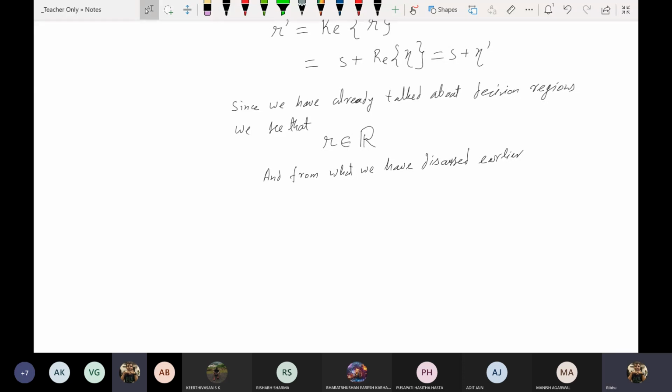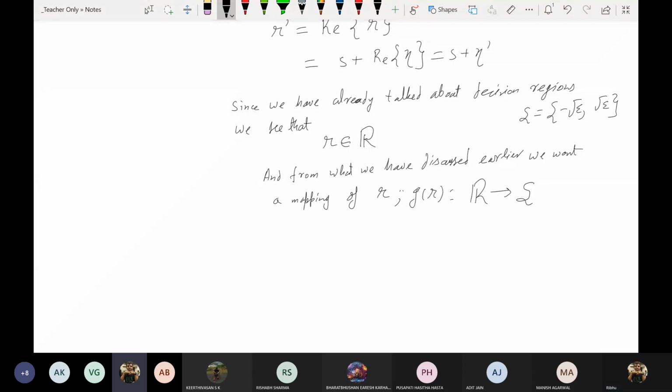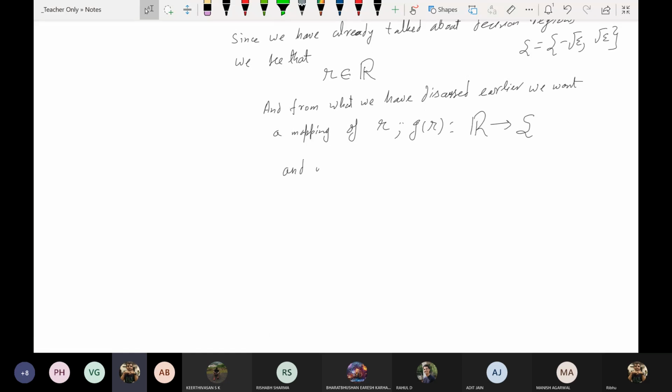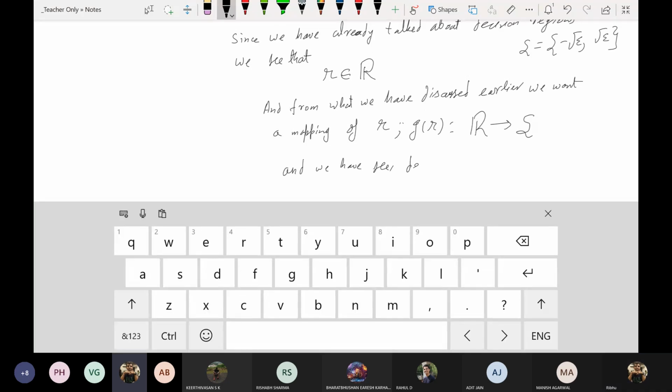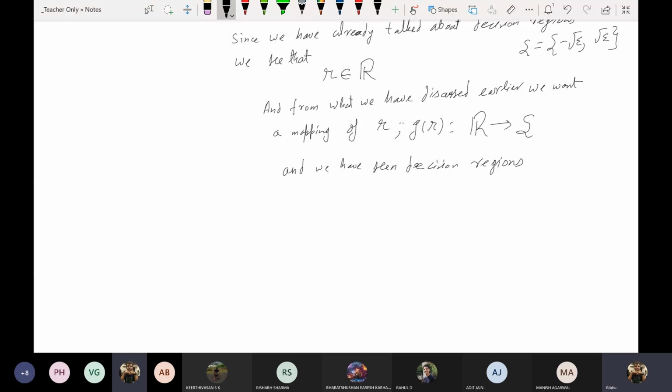From what we have discussed earlier, we want a mapping G of R, such that G of R maps the real line to the decision regions. We have seen the definition of decision regions.